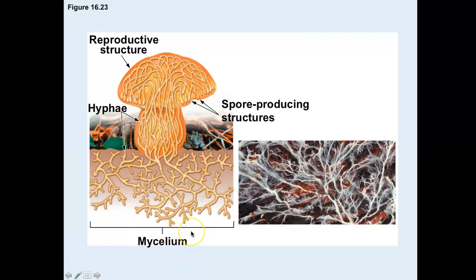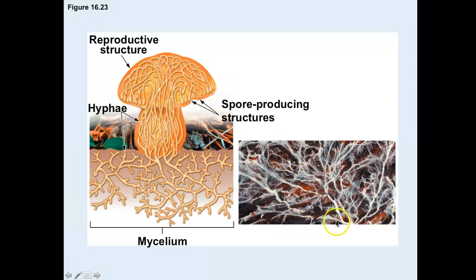The mycelium is going to grow into a substance. So let's think about a dead tree in the forest. The mycelium will be eating away inside the bark and inside that tree. And then every once in a while you'll see a mushroom pop up, and the mushroom is just the reproductive structure to create spores, okay?